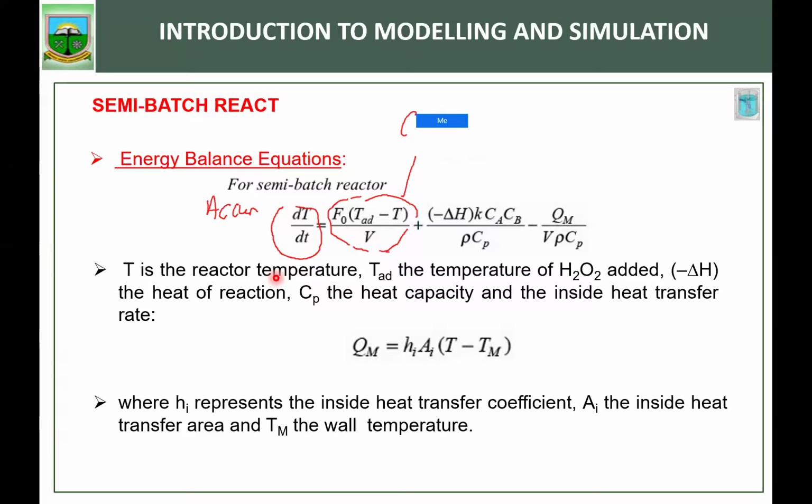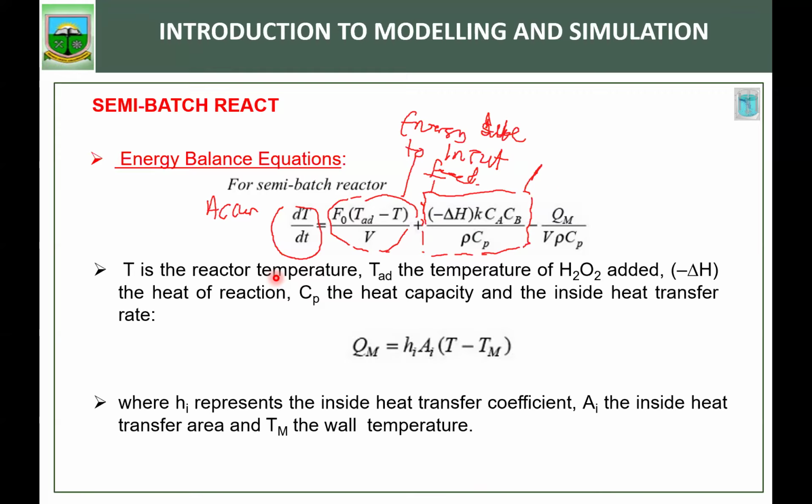This term here is the energy due to the input feed. That's A, because we keep adding A at a certain temperature. So it will have an energy term. And then this one you see here is the energy due to the heat of the reaction.